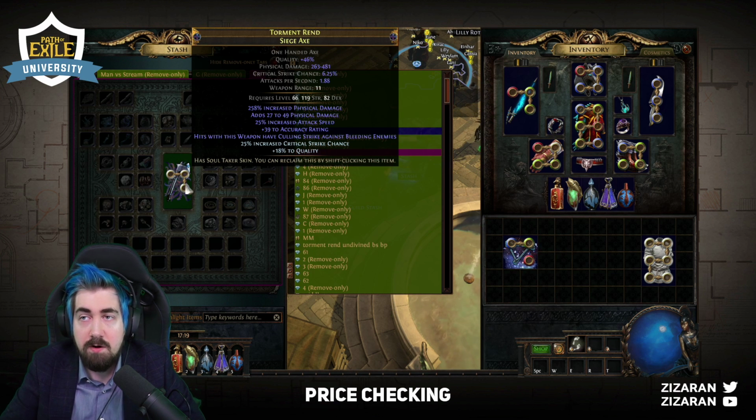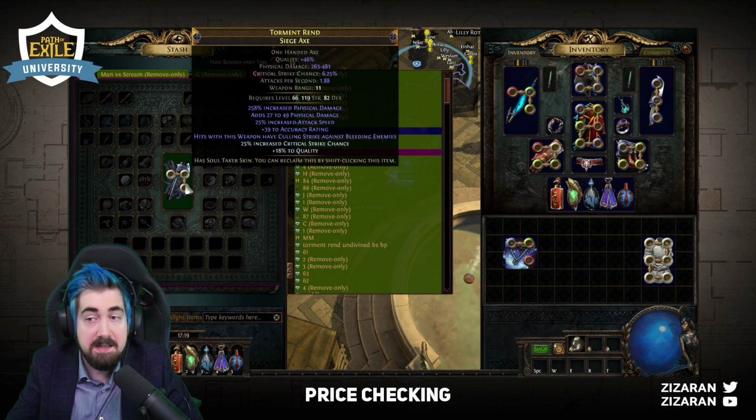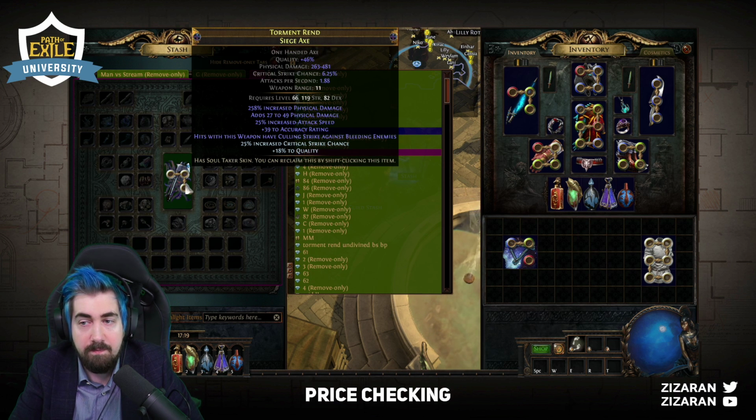What I want to try to cover is what takes an item from that threshold of 30 chaos to 30x. It's not always super obvious what makes that. Items that are that expensive could look not very different from items that are 30 to 50 chaos.